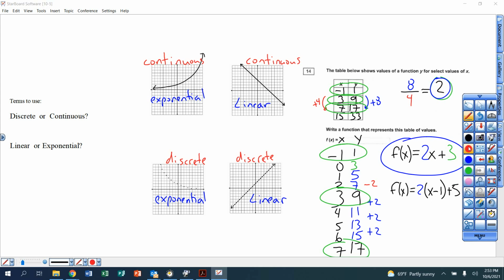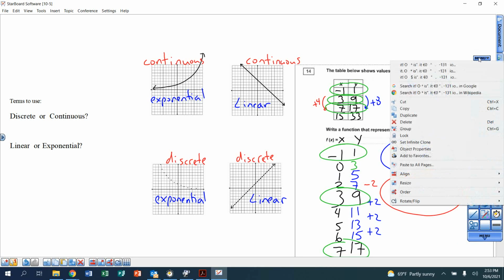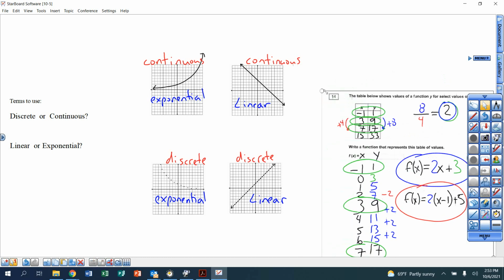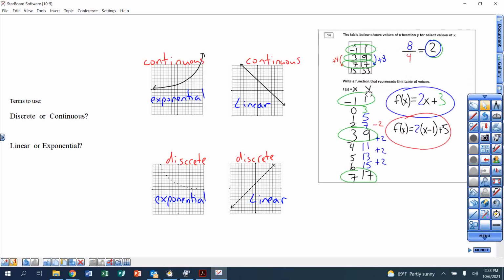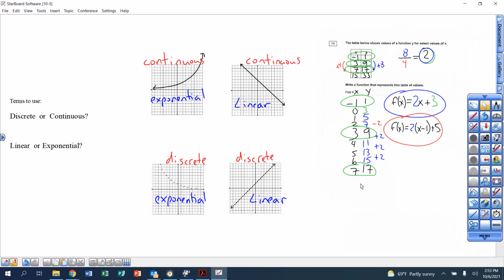Those are both equivalent. I want you to see that those functions, those equations should be legit. If I use them to plug in numbers, I should get the same numbers that my table is showing, which means if I took this 7, or how about this 3, and plugged it in for x into both, they both should spit out 9 if my equation's good.